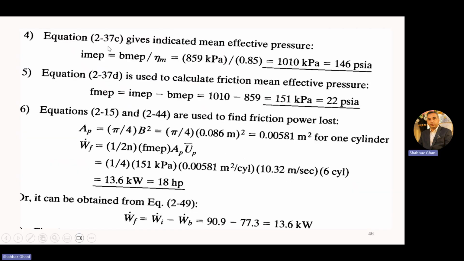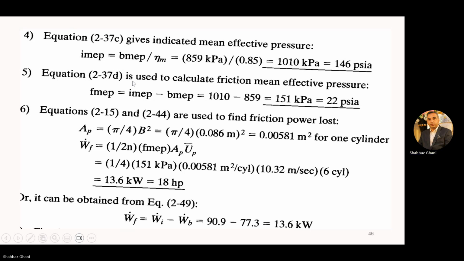Now, the equation: indicated mean effective pressure is equal to brake mean effective pressure divided by the mechanical efficiency. We found the brake mean effective pressure, that was 859 kilopascal, and we know the mechanical efficiency. So the indicated mean effective pressure comes out to 1010 kilopascal or 146 psi.